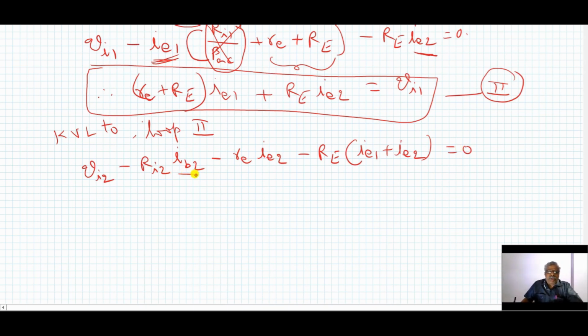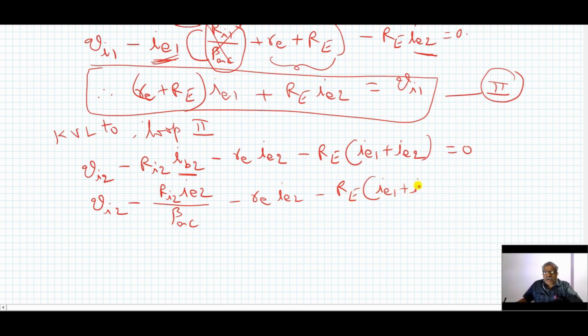Again here Ib2 can be written as Ie2 by beta AC into Ri2. So, the remaining terms Vi2 minus re Ie2 minus Re into Ie1 plus Ie2 is equal to 0.